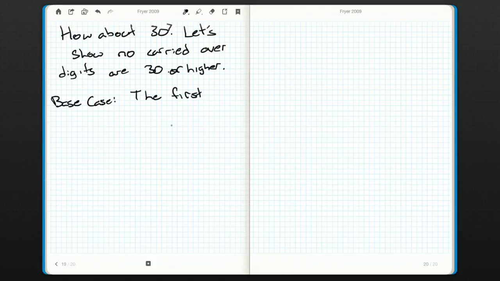So we're going to try and induct on the columns. That means that we assume something is true for the column just to the right of the column we're talking about, and we use that to show that it works for the column we are talking about.